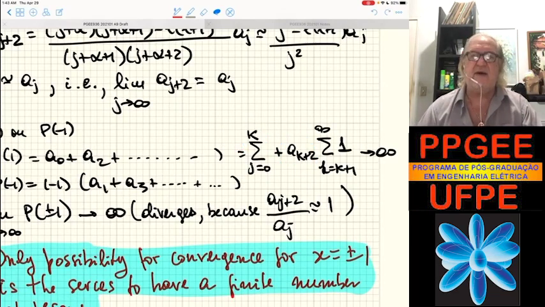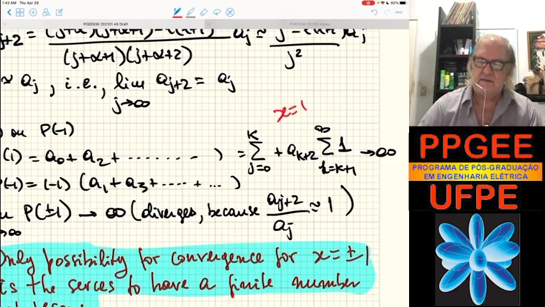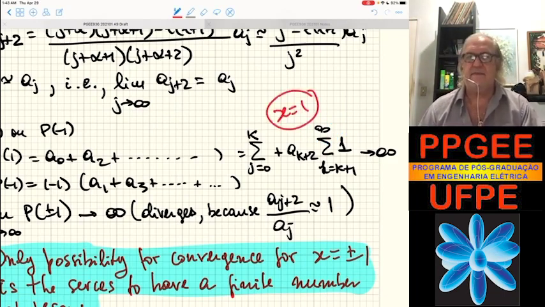So we can factor out the last coefficient, multiply by 1. So I have a sum of 1 from k equals capital K plus 1 to infinity. So it means that the function diverges at x equals 1.